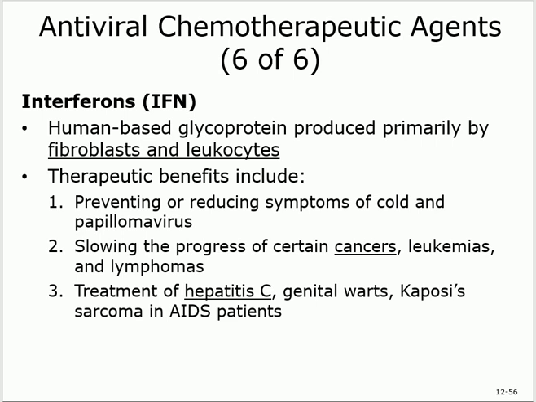They have other therapeutic benefits. You can take a look at it if you want to. Reducing the symptoms of the colds. It slows down some types of cancers. Slow down only. It's not a treatment. But can we use it as a treatment? Hepatitis C. This is what I want you to remember.